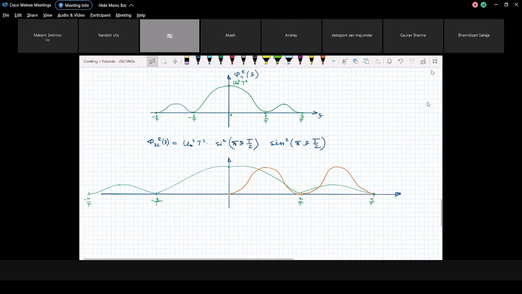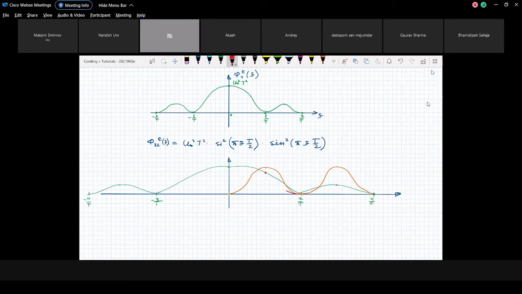We get our picture. And now we have to multiply these two functions. So we multiply our c square function and the sine square function. As a result, this is the point where it touches.